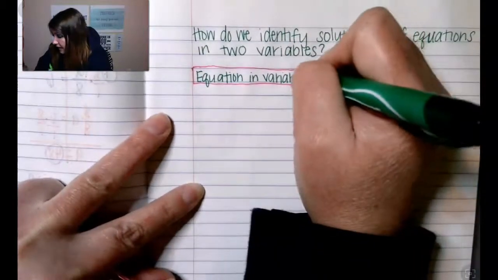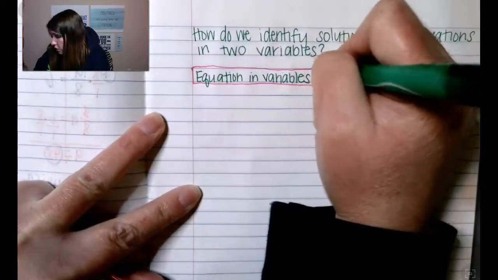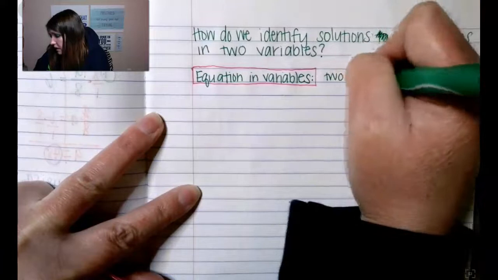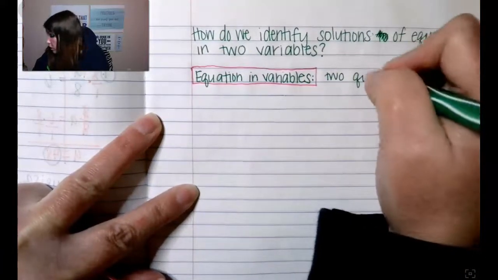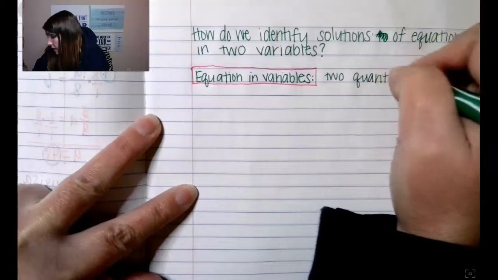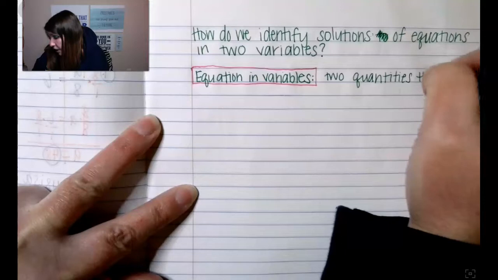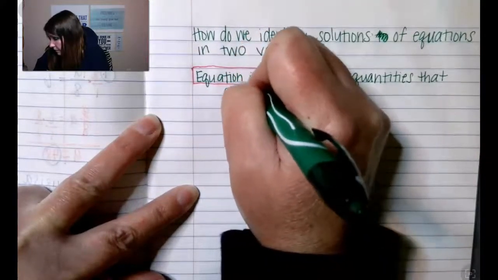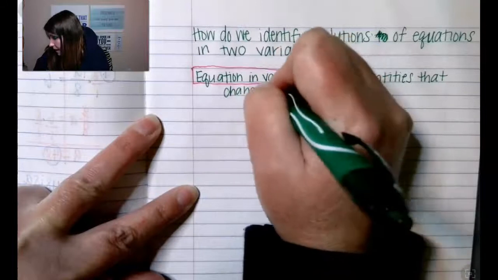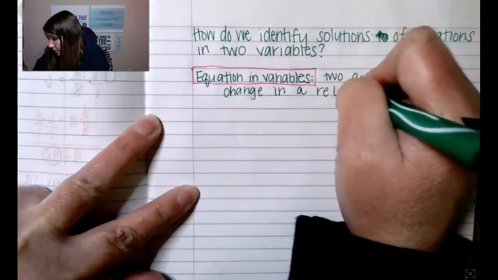All right, it's a fancy phrase that means two quantities or two amounts, right? Quantities are an amount. Two quantities that change in a relationship.